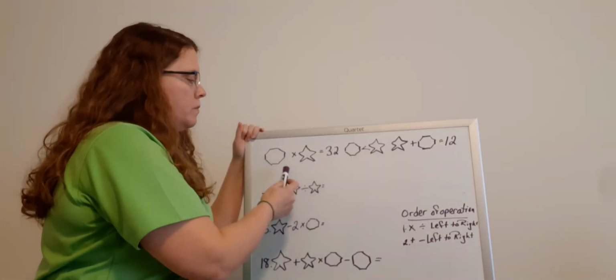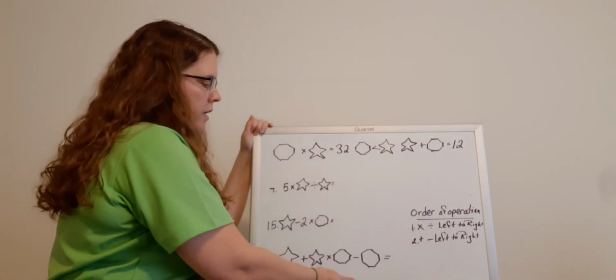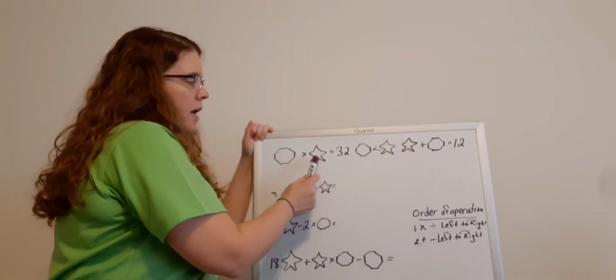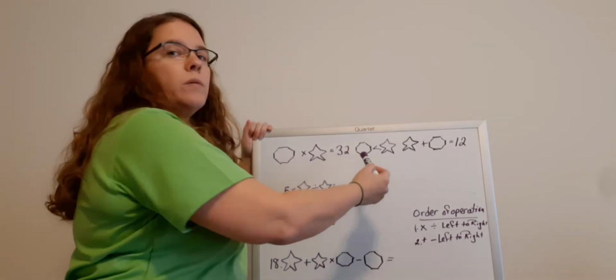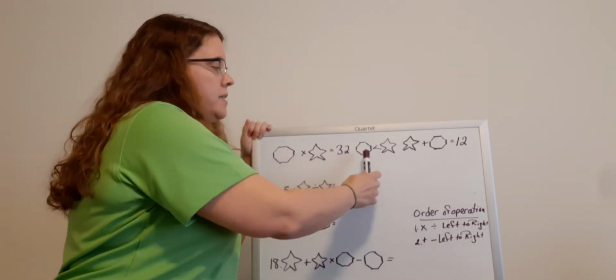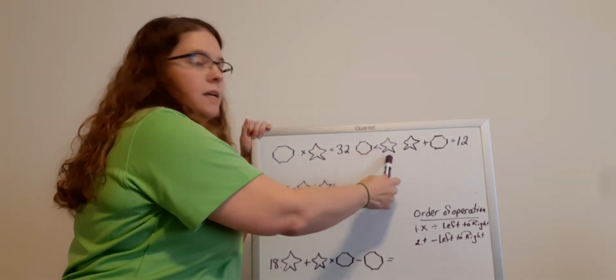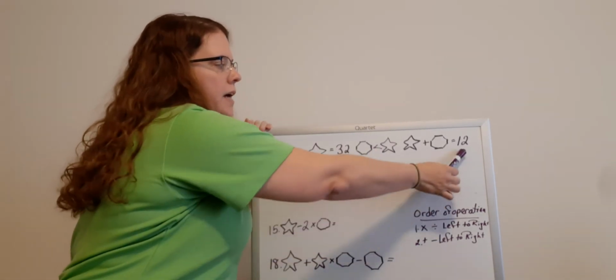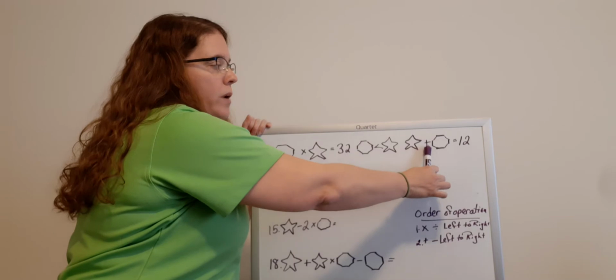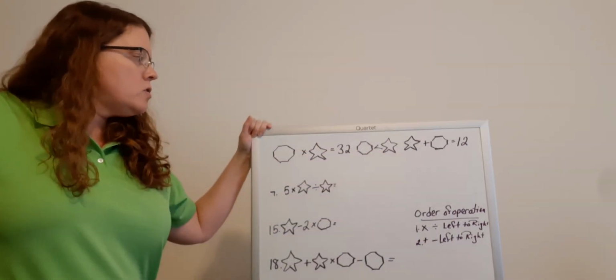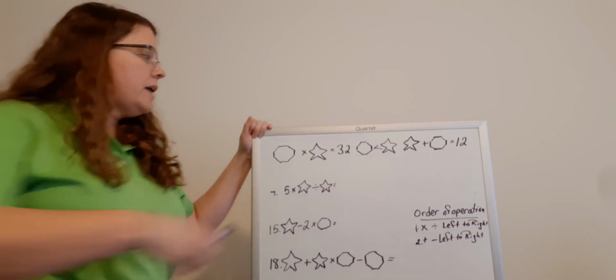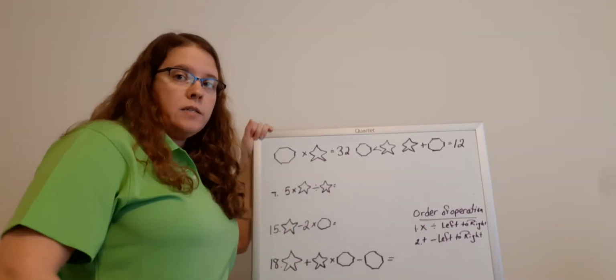So if I look at my criteria, I have octagon times star has to equal 32. Then in my middle, where my less than and greater than is, I needed my octagon to be less than my star. And in the last one, I need my star, when added to my octagon, to equal 12. Okay? So let's take a look at our multiplication fact.